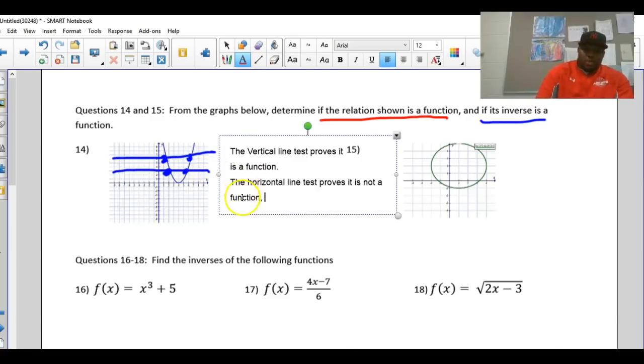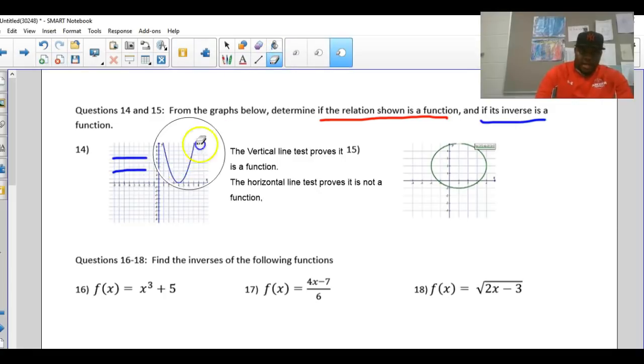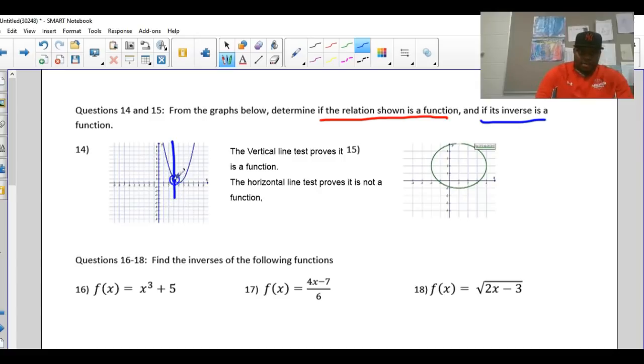So we can conclude that the vertical line test proves that it is a function, because the vertical lines touch the function one time. See, that's one time. That's one time. It only touched that relation one time. But if I go back to the horizontal line test, that touches twice.